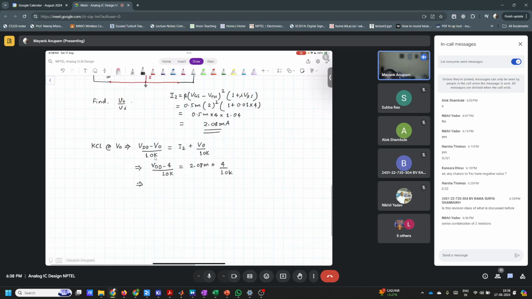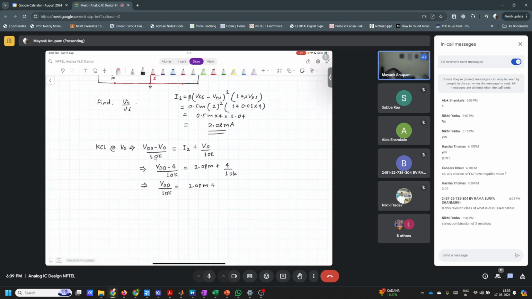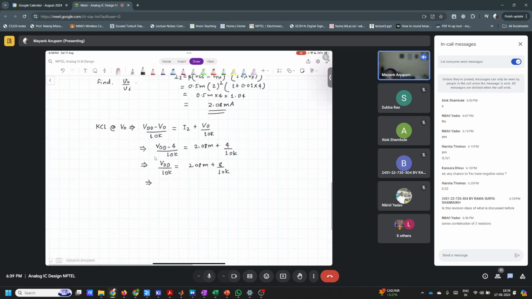So let's take the terms: it is equal to 2.08 milli plus 4 upon 10k. 4 upon 10k becomes how much?